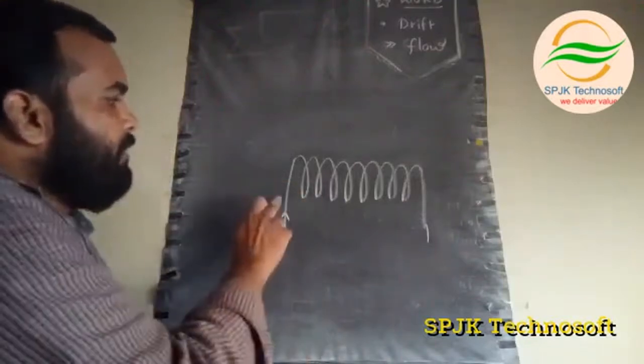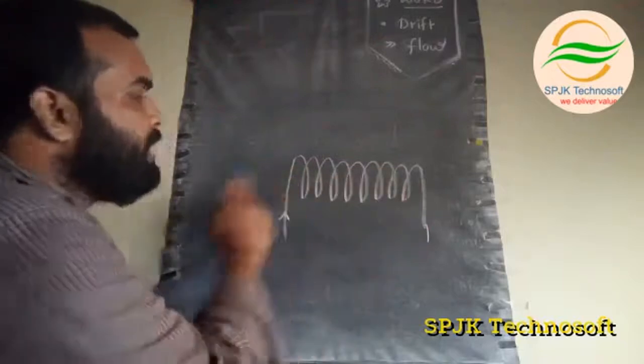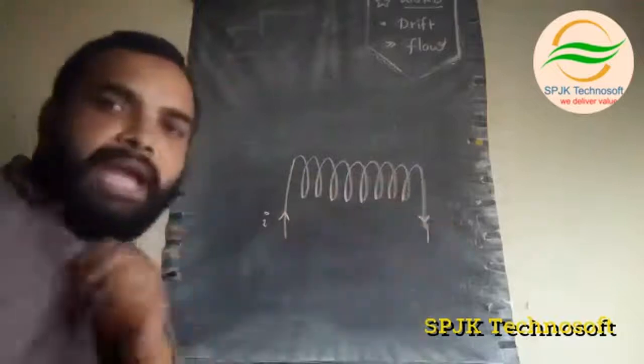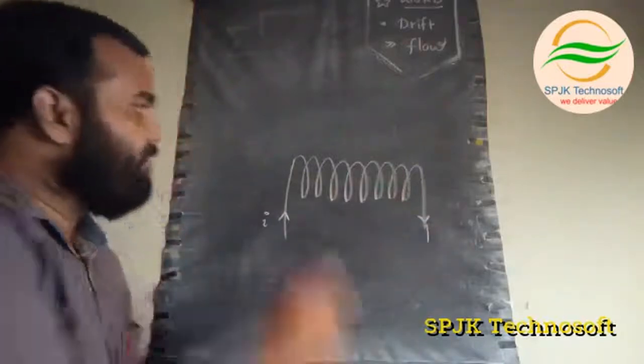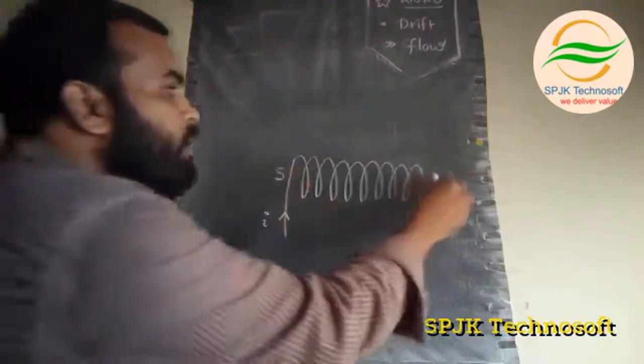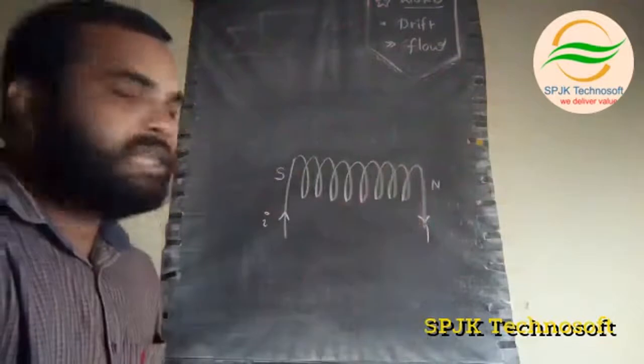The solenoid has two ends. At one end the current will be in clockwise direction and at the other end the current will be in anti-clockwise direction. Where current is in clockwise direction, it behaves as a south pole. Where current is in anti-clockwise direction, that end behaves as a north pole.